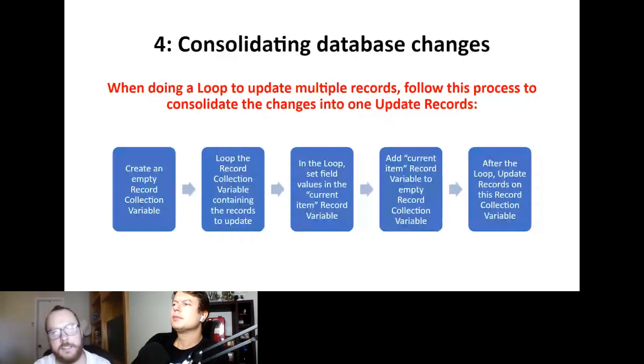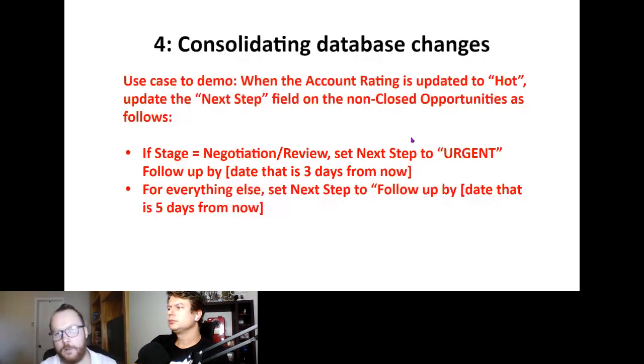So the use case, again, is when the account rating is updated to hot. What we want to do is update the next step field on any opportunities that aren't closed. But we want a different value depending on the stage of that opportunity. So if the stage is negotiation/review, we want the next step to say urgent, follow up by, and then have a date that is 3 days away.